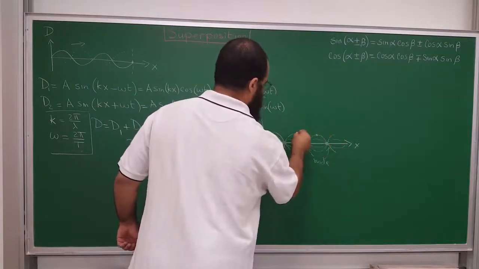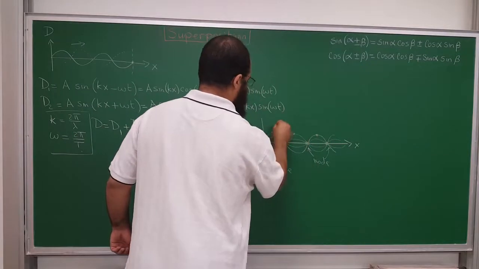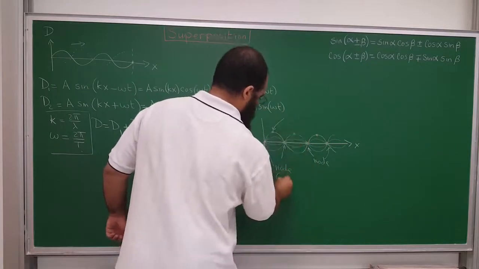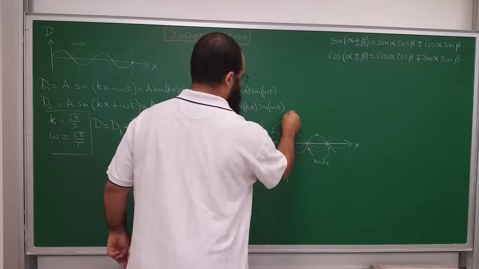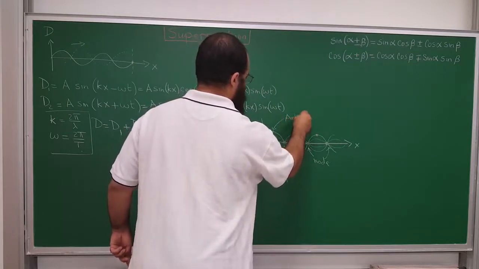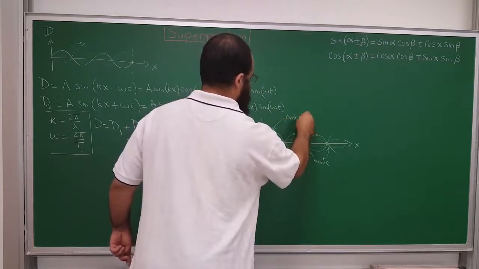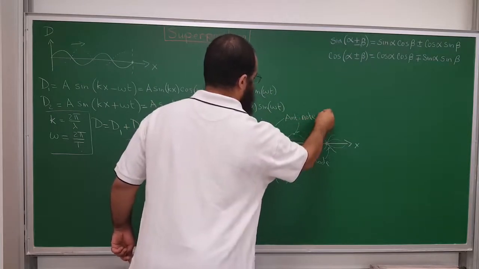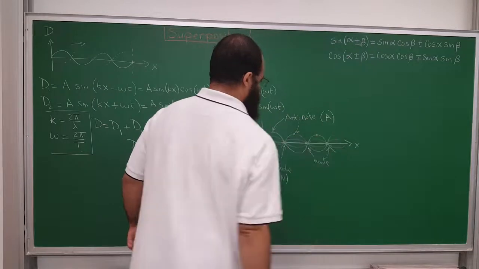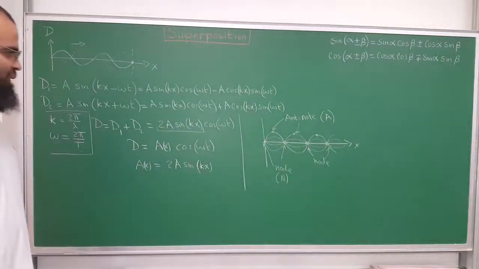And these points that have maximum displacement, by the way, sometimes they name the node with a capital N, and this is called an antinode, symbolized with the capital A.